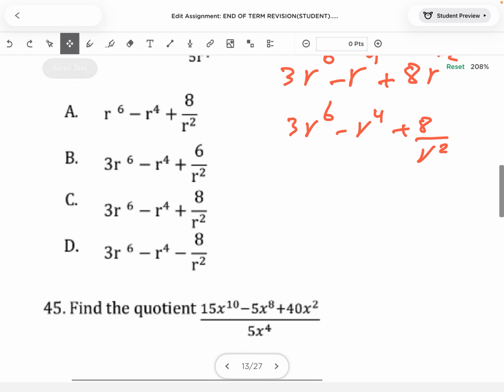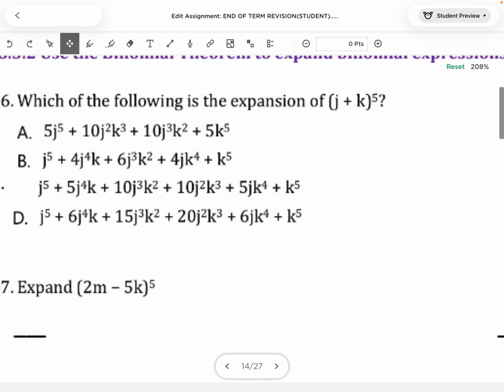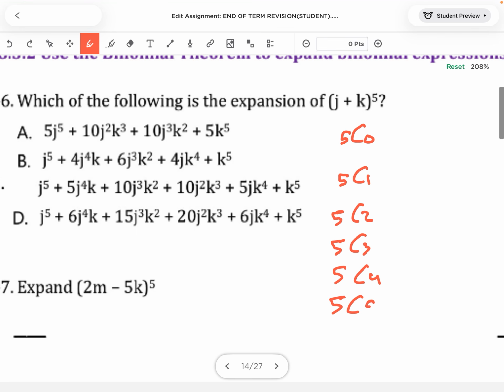Next one, same story. This one is the expanding. Which of the following is the expansion of? We said we will start, since the power is 5, 5 combination 0, 5 combination 1, 5 combination 2, 5 combination 4, 5 combination 5.